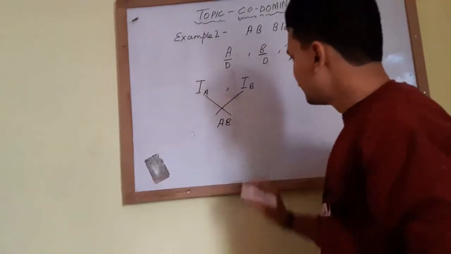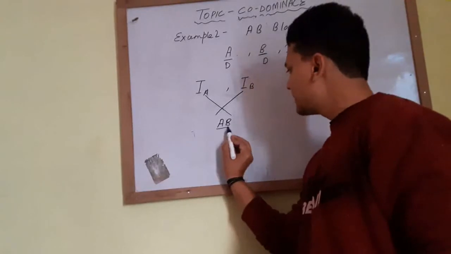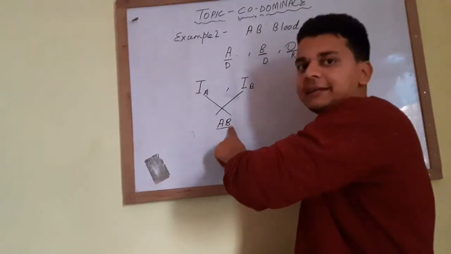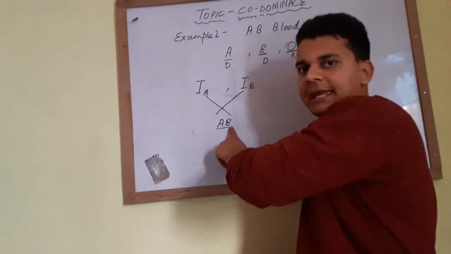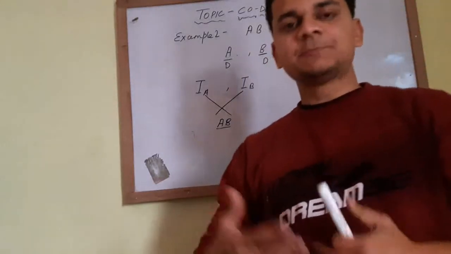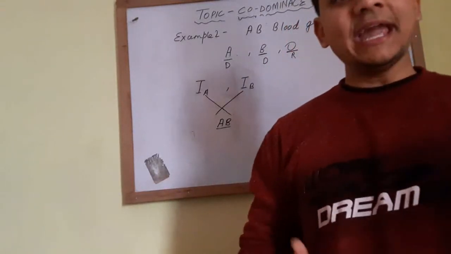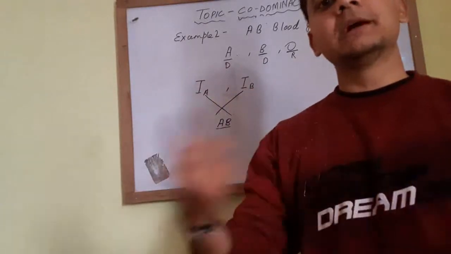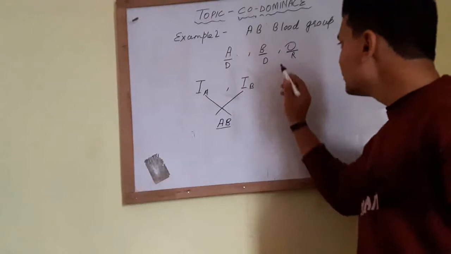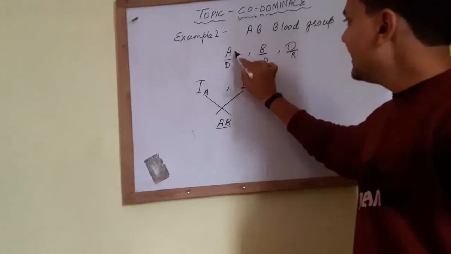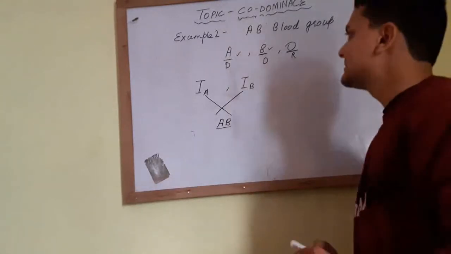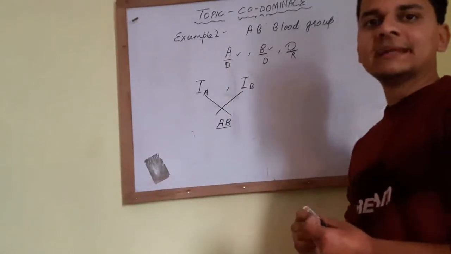What quality does this AB blood group have? That both A and B will dominate. Hence, when a patient of AB blood group needs blood, both A and B can give their blood. But in case of O blood group, only O can give the blood. So these are certain cases in which codominance can be seen.